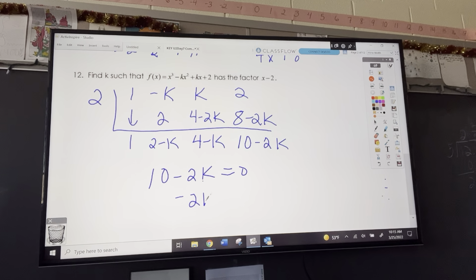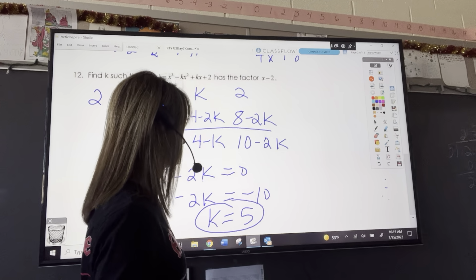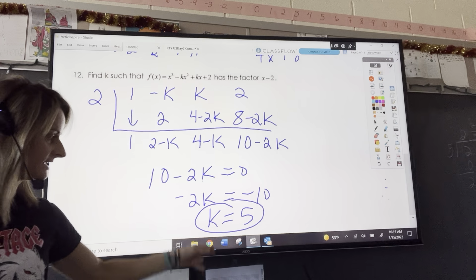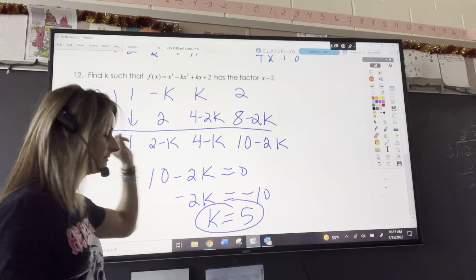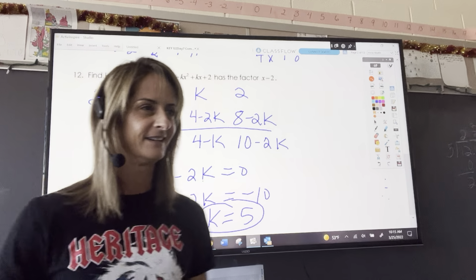That's negative 2k equals negative 10. So k is 5. And we have answered the question. The question is asking to find k such that this polynomial has a factor of x minus 2. If we set k equal to 5, x minus 2 is a factor. We done? All right.